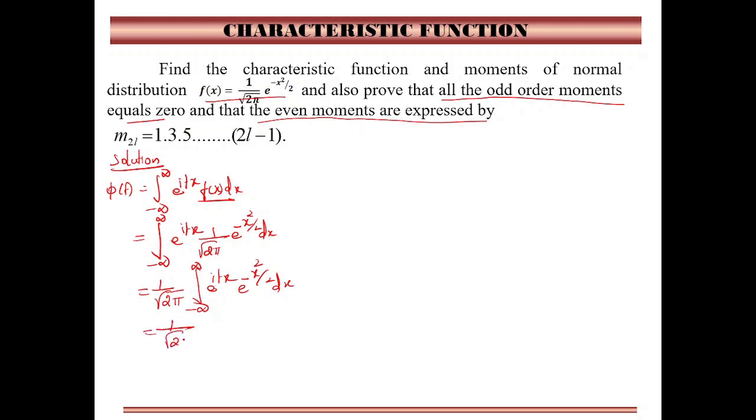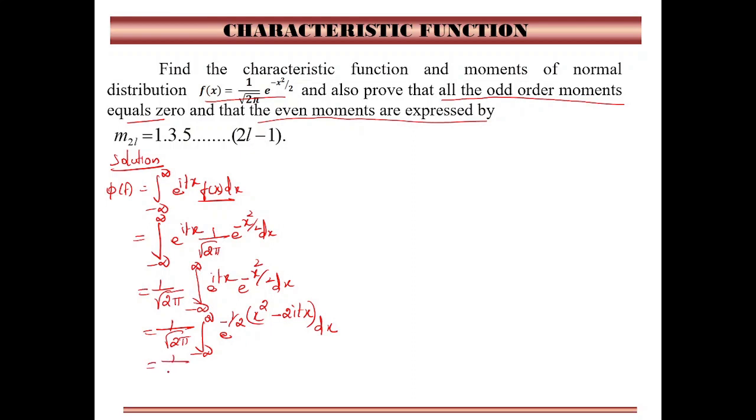1 by root 2 pi integral e power, so from this we can take minus 1 by 2 outside, and then we will get x squared minus 2itx into dx.